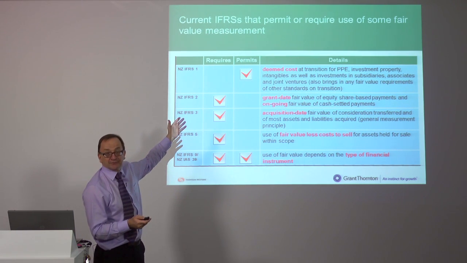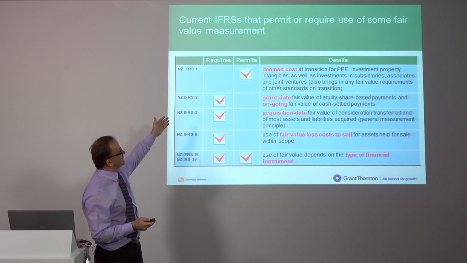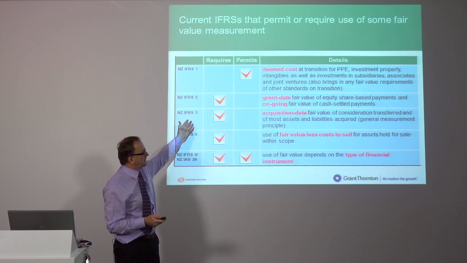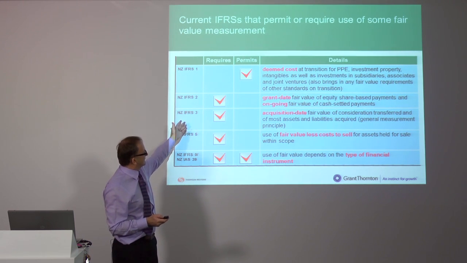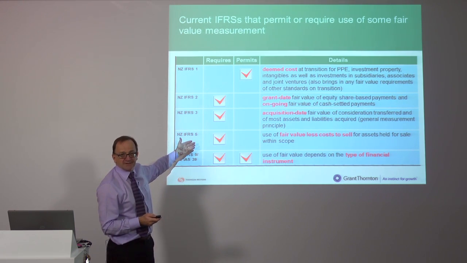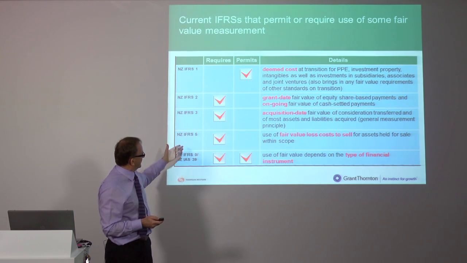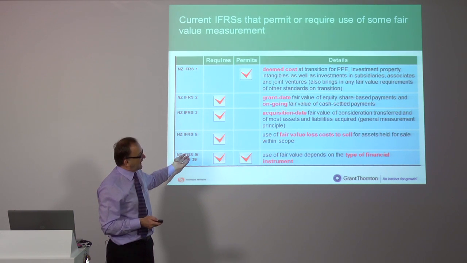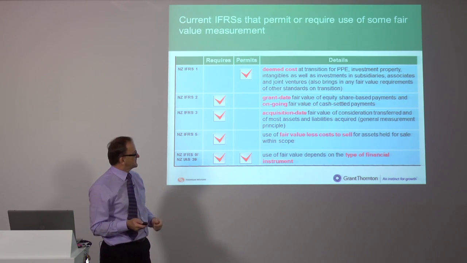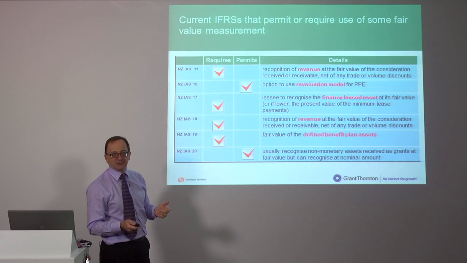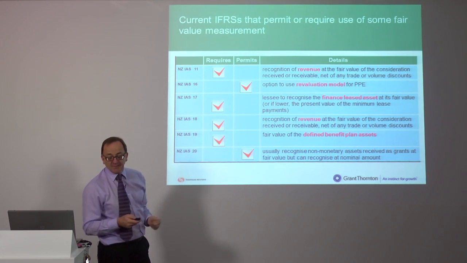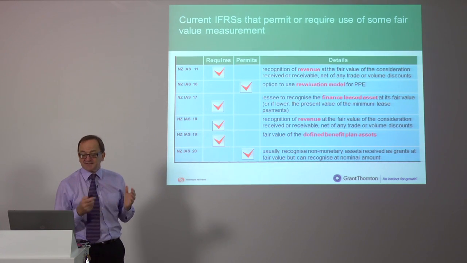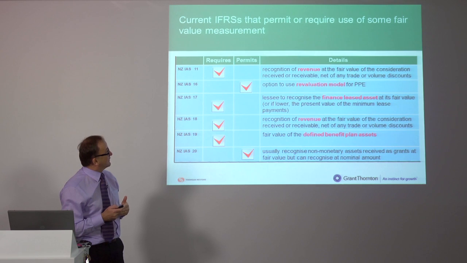IFRS 1 in terms of transition and deemed cost, 2 on share-based payments, 3 on business combinations with that whole purchase price allocation built around fair value, non-continuing activities through IFRS 5, and then we get to the gloriously complex world of financial instruments with 39 and the new IFRS 9 coming through. It doesn't stop. Next page, we go to construction contracts, again fair value, property, plant and equipment.